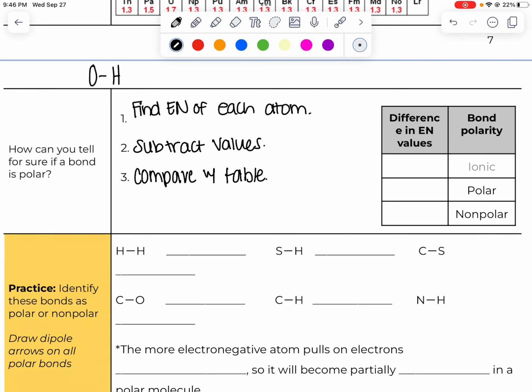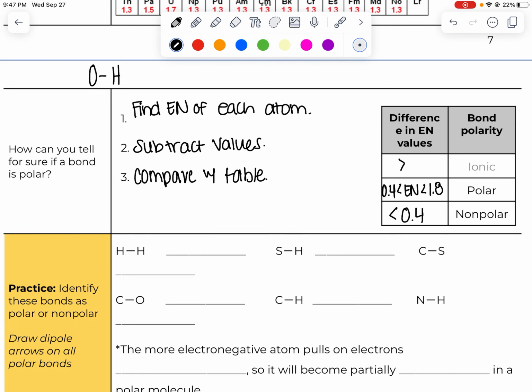If you look them up on the internet, they actually can vary a little bit, but the general rule is if your electronegativity difference is less than 0.4, it's going to be a nonpolar covalent bond. If your electronegativity difference is between 0.4 and 1.8, this one differs a little bit, 1.8, 1.9 is kind of the general value, then you'll have a polar covalent bond.